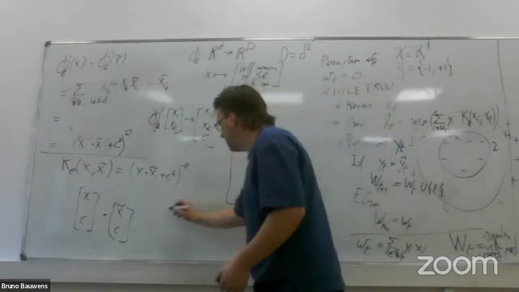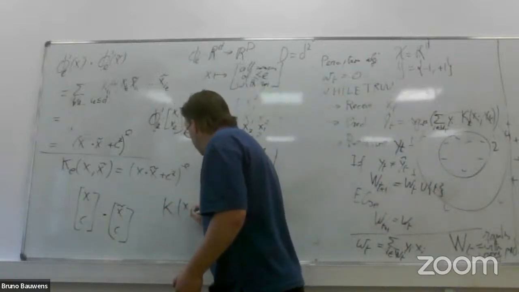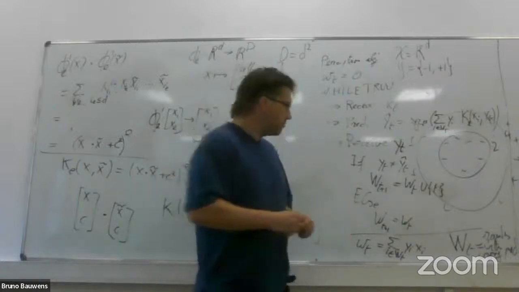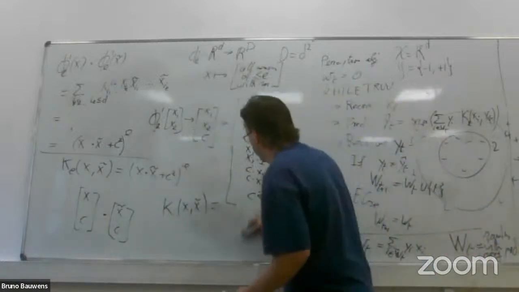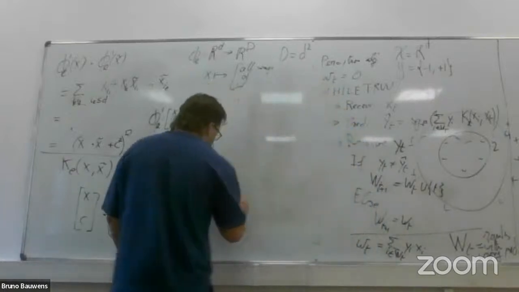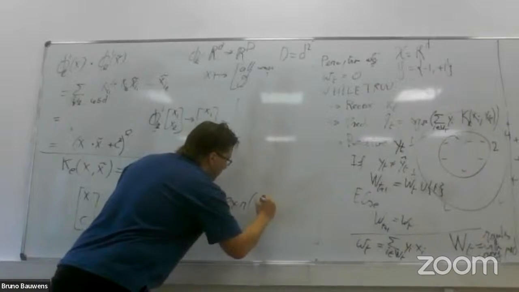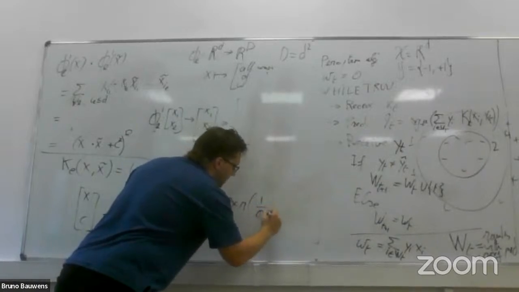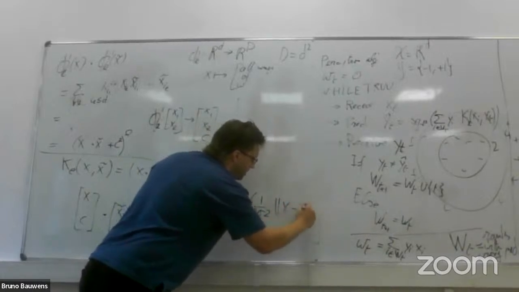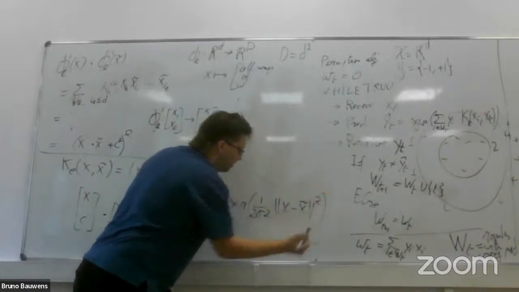I can write it. It is k of x, x tilde equal to, this exponent, I think you can guess it. It has a hyperparameter sigma squared, and then x minus x tilde squared.